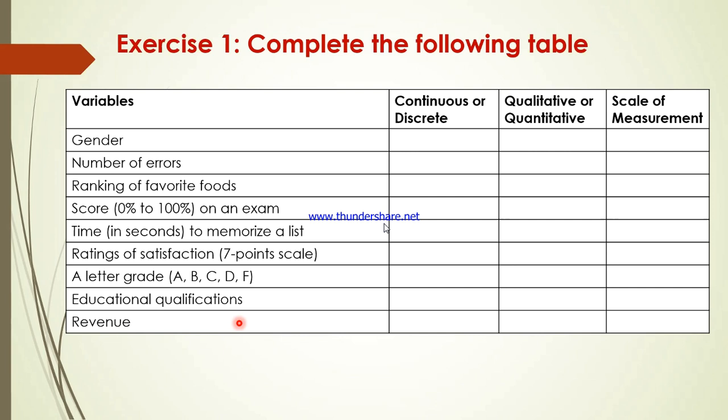For gender, male and female, within male and female we don't have any particular value. So this is a discrete variable. Then looking at whether it's qualitative or quantitative: qualitative measures are labels or categories, but quantitative takes numbers. For gender, just labels, categories. So it is qualitative.